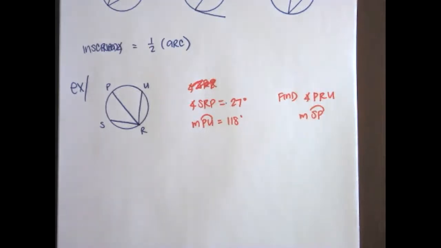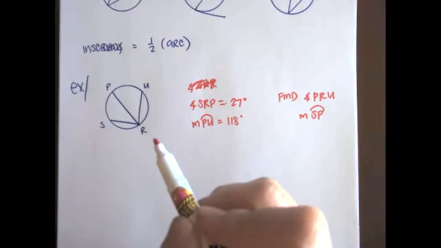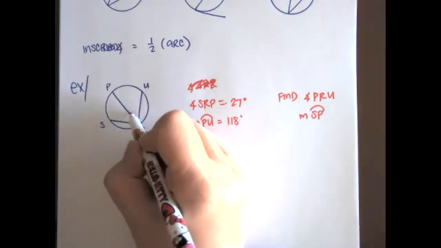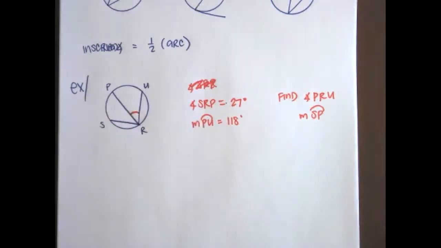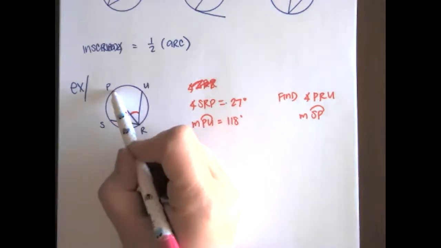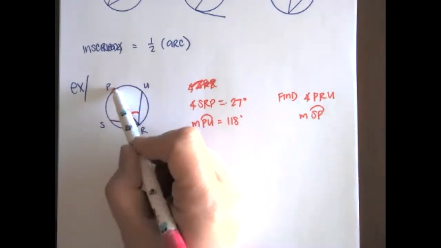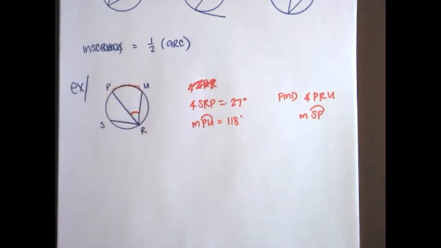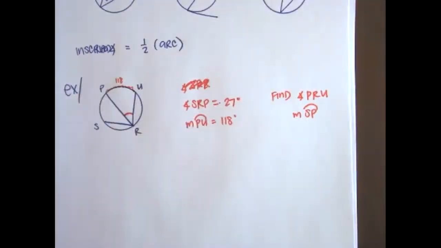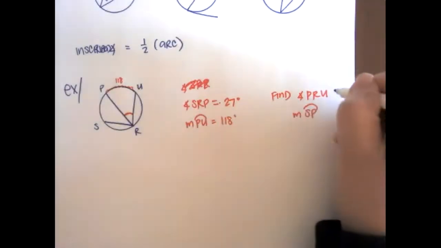Okay, so angle PRU. Anytime you have these angles in the circle, you're always looking for what is the intercepted arc. The intercepted arc for this angle is this arc right there, and we know that is 118. The angle is half the arc, so angle PRU is equal to 59.